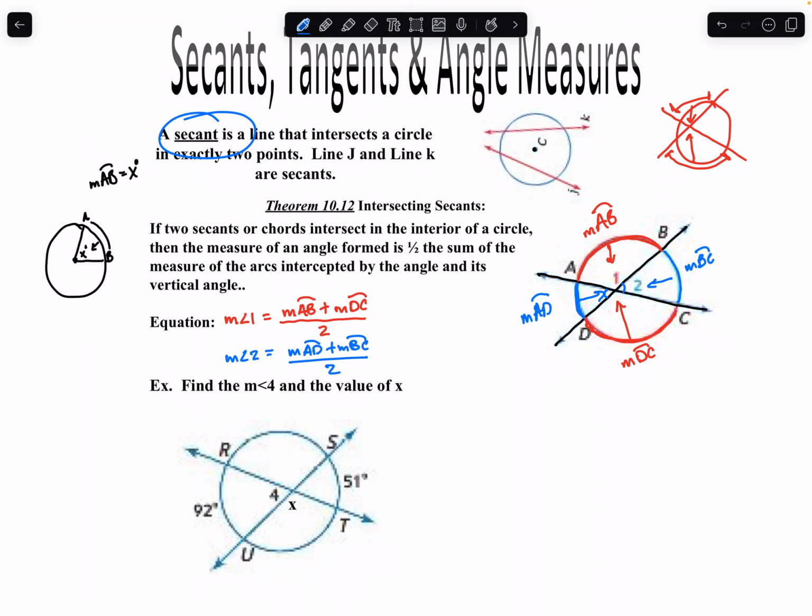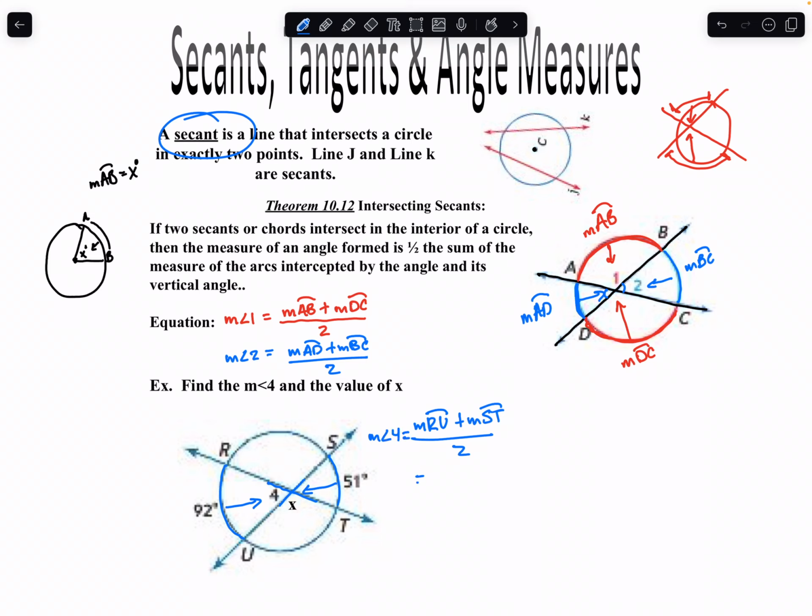So let's try an example. We're going to find the value of angle 4 and the value of x in this next scenario. The measures of arc RU and arc ST are connected to angle 4. Here we have vertical angles, so these angles are always going to be congruent. So here we have an equation: the measure of arc RU plus the measure of arc ST, divided by 2, is going to give us the measure of angle 4.